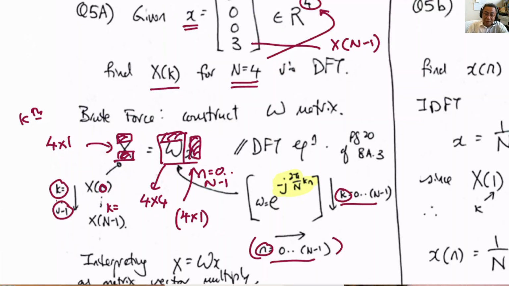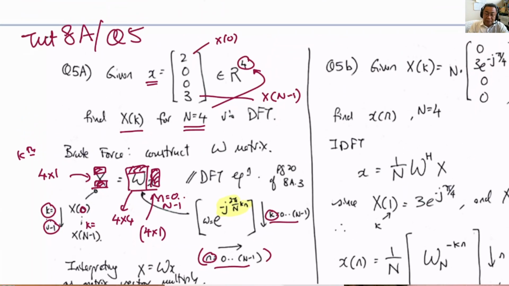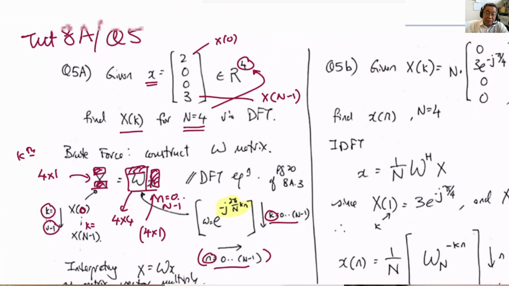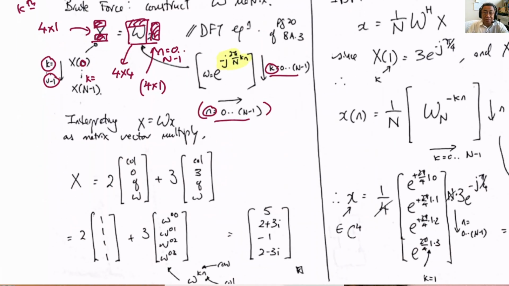Now, once you understand this, to solve for the DFT of small x, you simply fill up the W matrix. But we do not need to fill up the whole W matrix. Why?